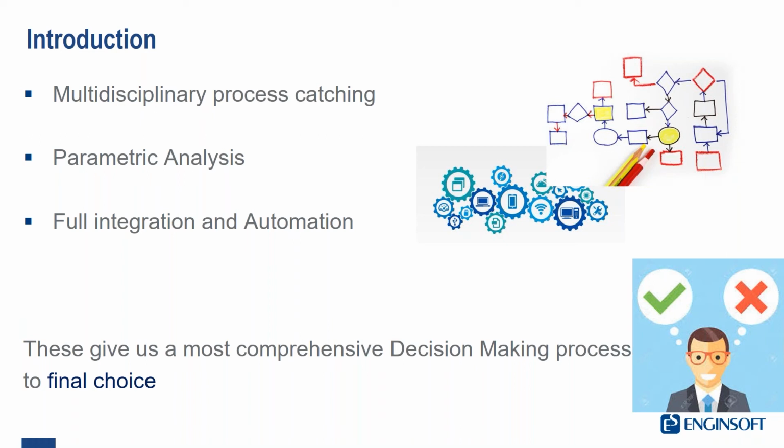And last but not least, the automation of the process, which increases our efficiency and speeds up our development process. This gives us a more comprehensive decision-making process to drive us to the best final choice.